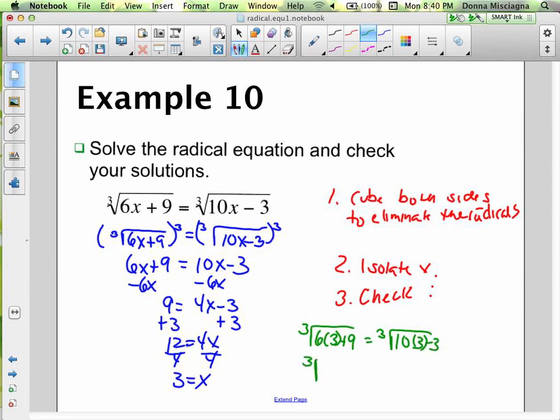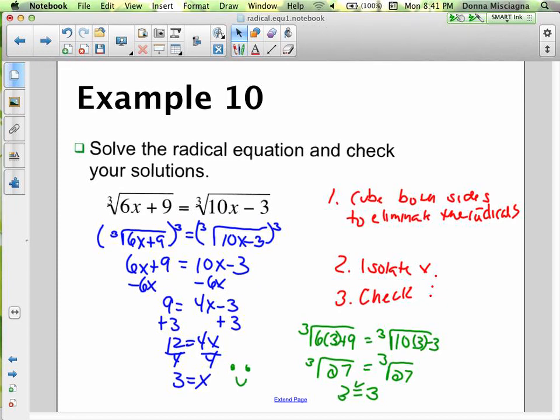So it'd be 18 plus 9, which is 27, equals the cube root of 30 minus 3, which is 27. The cube root of 27 is 3 both times. That checks out. This is a good solution. It gets a happy face. There we go. That solution worked.